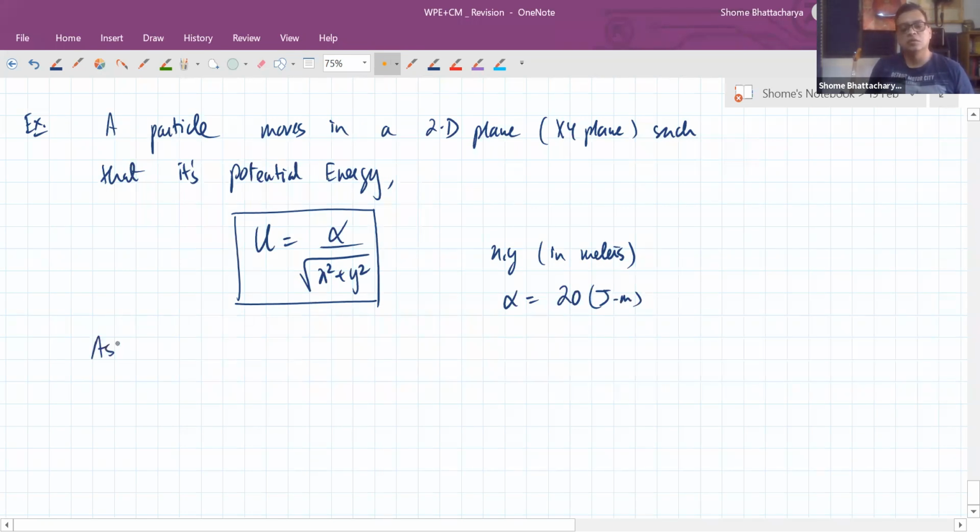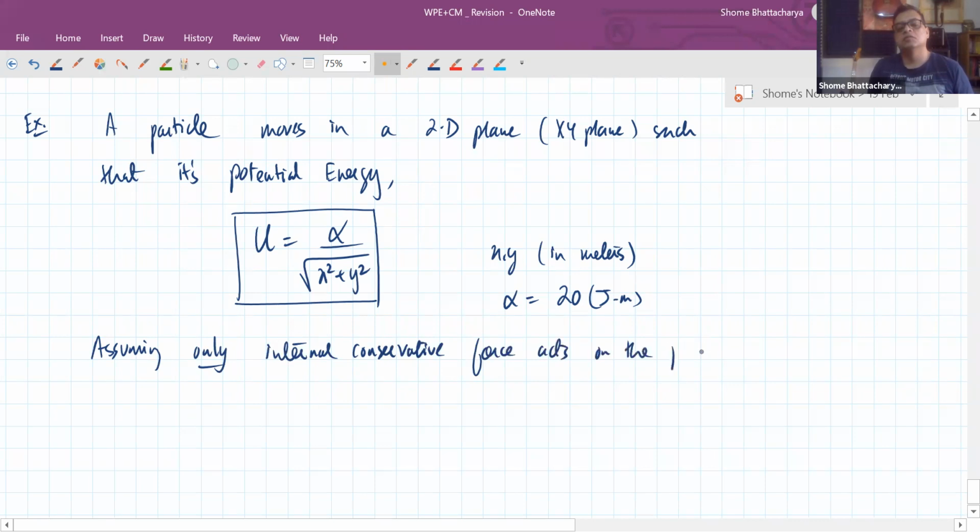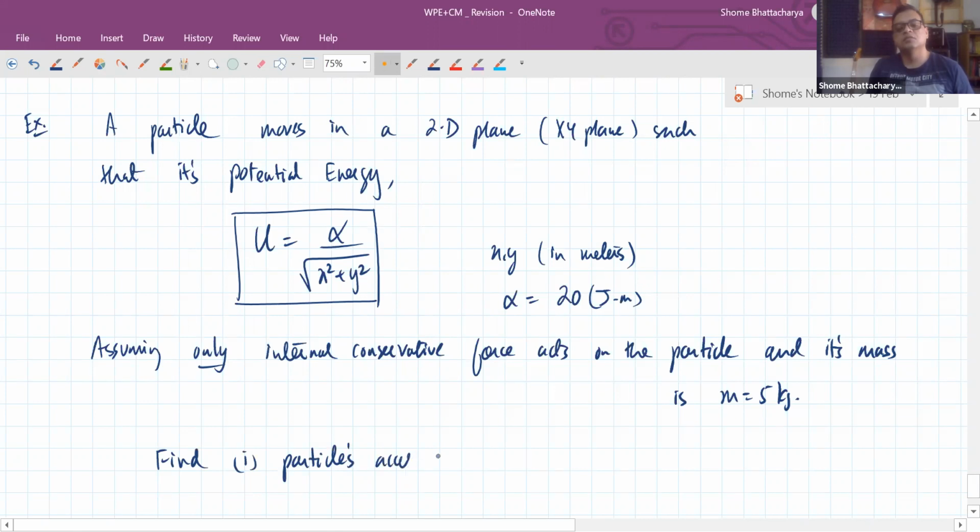Now, assuming only internal conservative force acts on it, and its mass is m equal to 5 kg, find the particle's acceleration at 3, 4 meters.